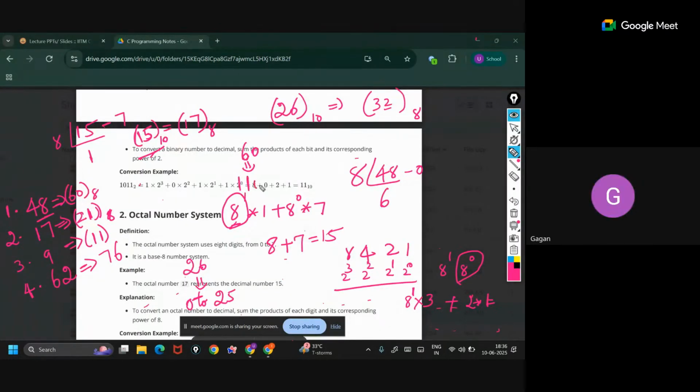It's 4 plus 2, so 1, 1, 0. We have to write it in 3 bits, so I have written 110. How about 0? It is 0, 0, 0.